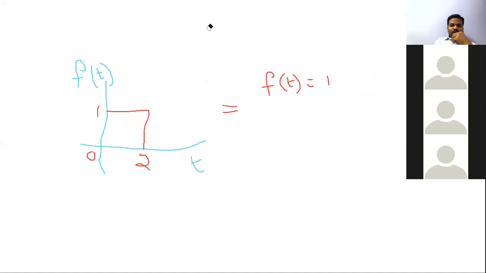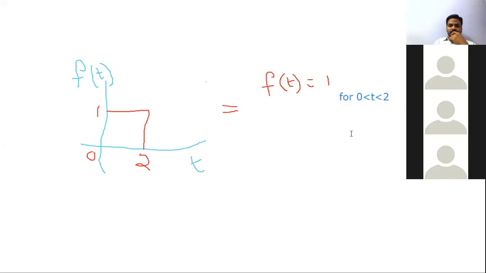So f of t is equal to 1 for 0 less than t less than 2.